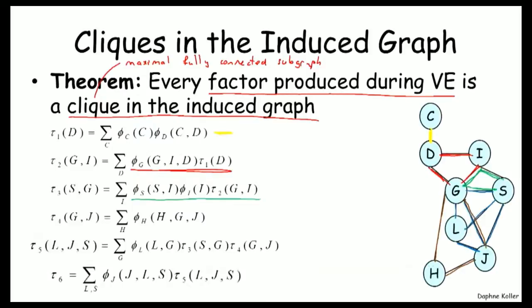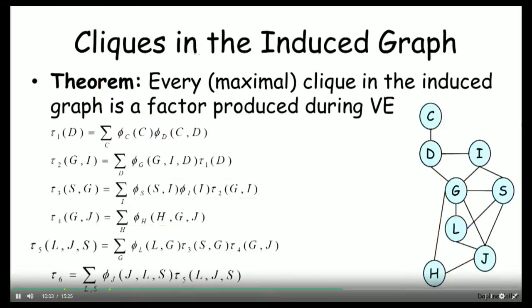This one is HGJ, which is the brown one. Tau 5 induces the big factor, the one that involves 4 variables, and that's the blue factor over G, S, L, and J. And this one doesn't actually introduce any new cliques, which is why it doesn't have any cliques associated with it. So every factor produced during variable elimination is a clique in the induced graph.